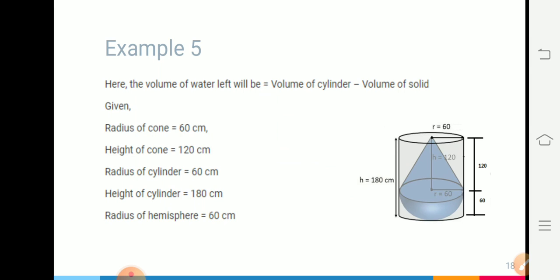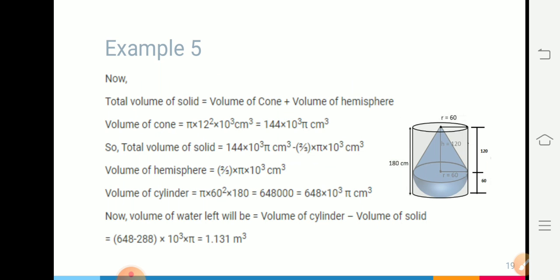So all the measurements are given as I just spoke. So you can see it's a cylinder wherein this particular solid is dropped, right? So the volume of the water left will be the volume of the cylinder minus the volume of this solid. So the volume of cone plus the volume of hemisphere will give you the volume of the solid. So put the formulas. You'll get the volume of the solid, which is equal to 2 by 3 pi into 10 cube.